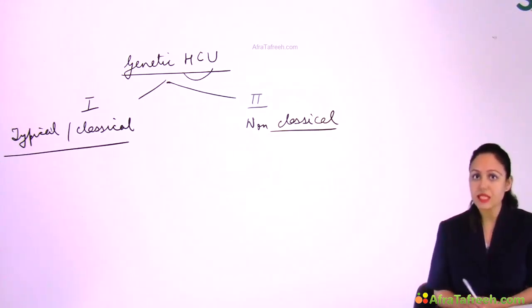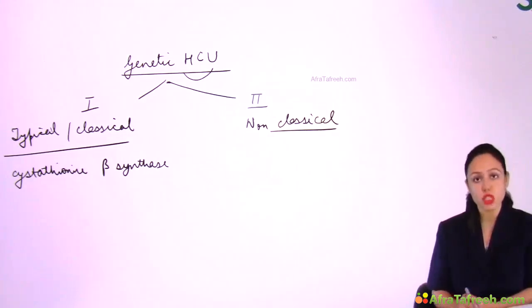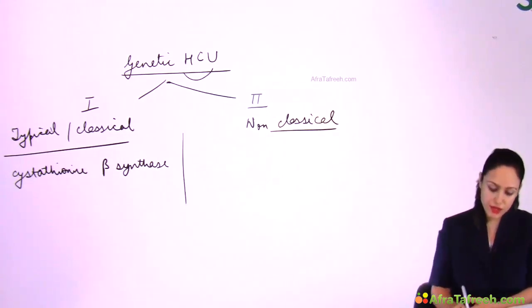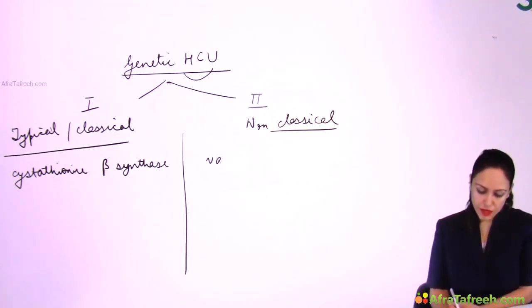In type 1, the enzyme deficient is cystathionine beta synthase. You know, this enzyme converts homocysteine to cysteine, right? This enzyme is deficient.